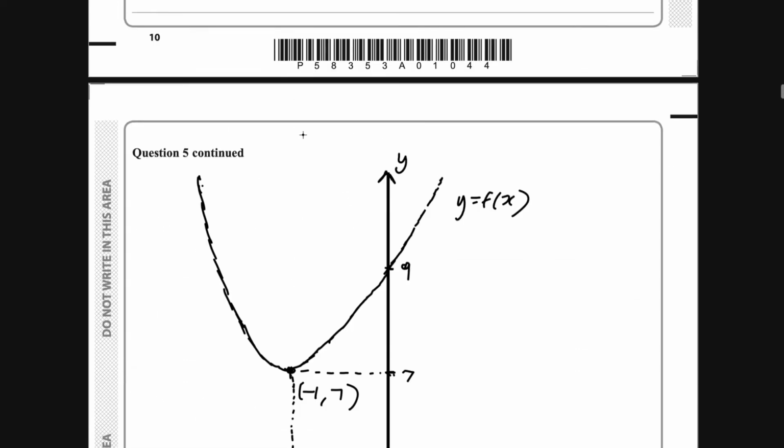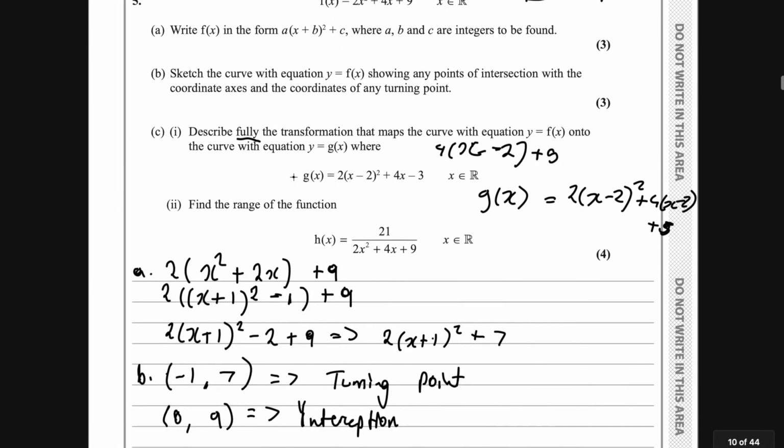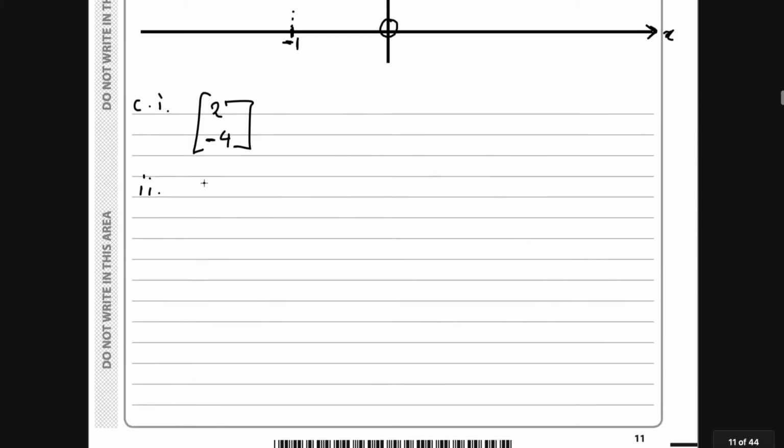Okay, so for part C(ii), what we're asked to do is find the range of the function h of x. So we're given another function here, which is 21 over 2x² + 4x + 9.